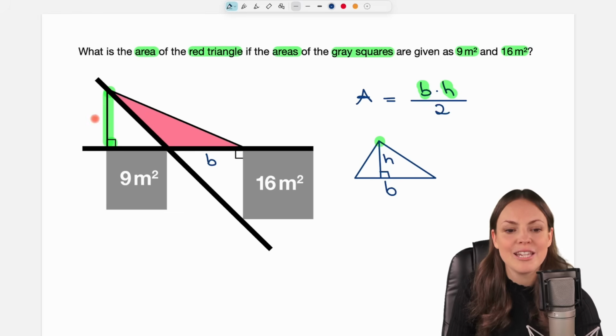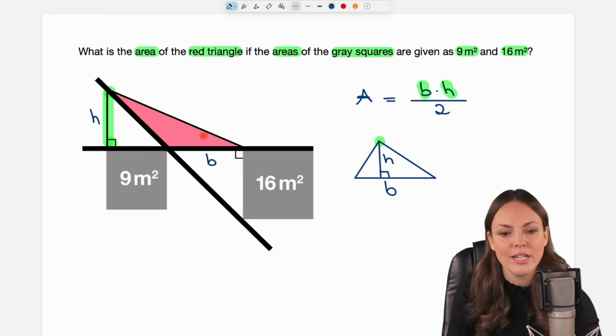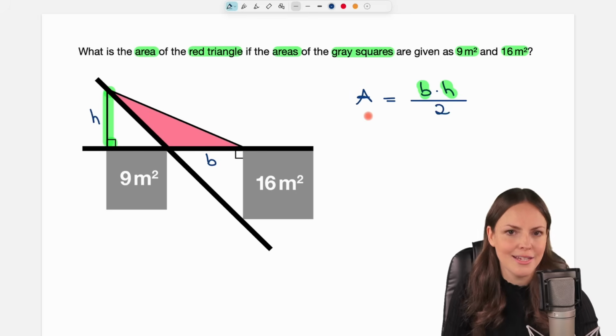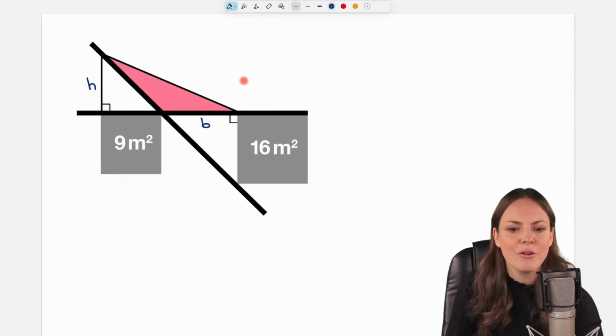And this is the height of my triangle, and in this case the height lies outside of my triangle, but both cases are possible. Okay, so now we have B here, H here, and we need to find B and H to find the area in the end. So let's see how we can find B and H.